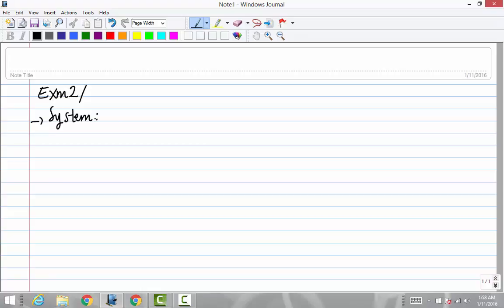So the system will be the piston cylinder content, which is the water. We need to know the material because it helps us to go to the specific table which provides the information about the properties.